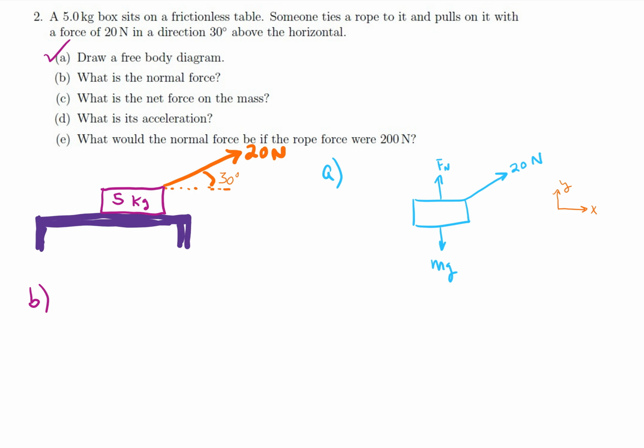So going back to the free body diagram, we can look and try to figure out what direction, if any, this box is accelerating in. Because it's sitting on a table, we think it's probably not moving down into the table.